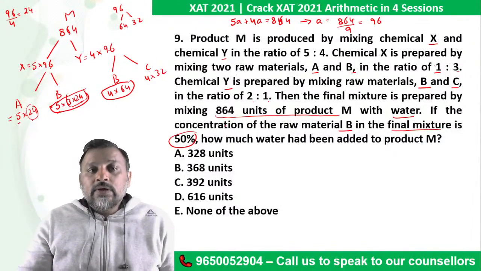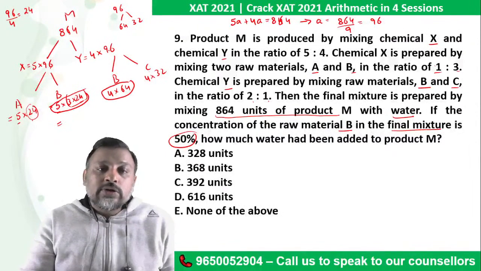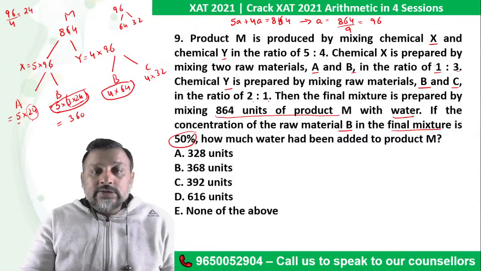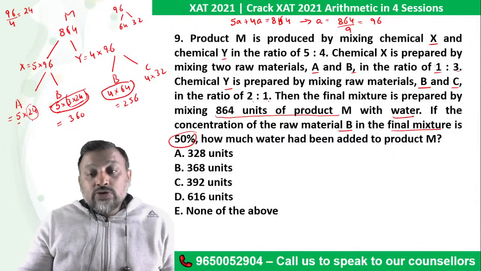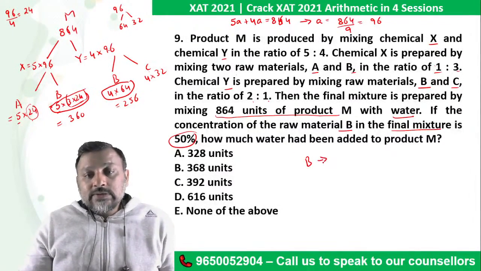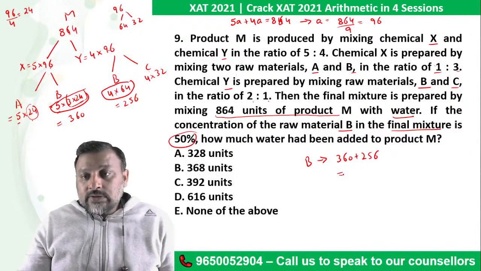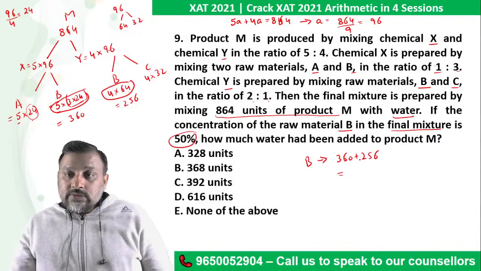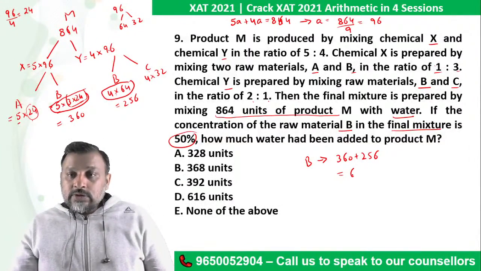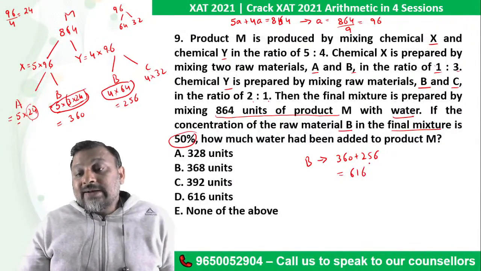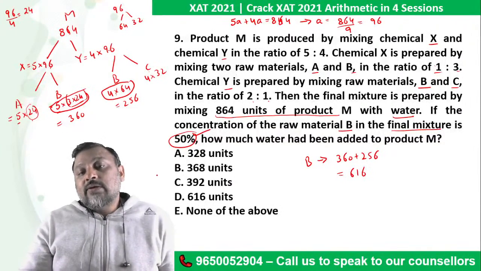So if I add these two values, this is 15 into 24, that is 360, and this is 256. So the total amount of B is 360 plus 256, which is 616. And it is given to be 50% of the final mixture.